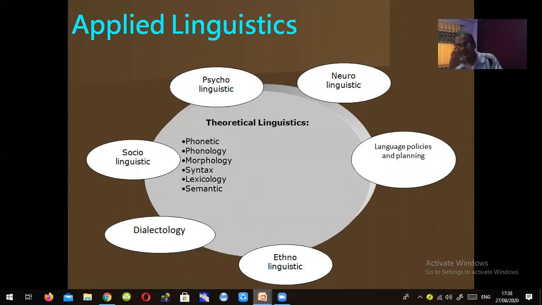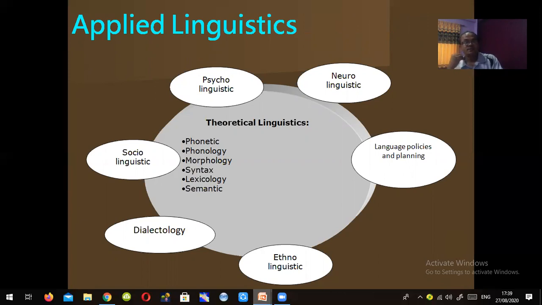So applied linguistics is somehow different. It's a consumer of theory. Theoretical linguistics covers phonetics, phonology, morphology, syntax, lexicology, semantics, etc. Out of this, what does applied linguistics do?